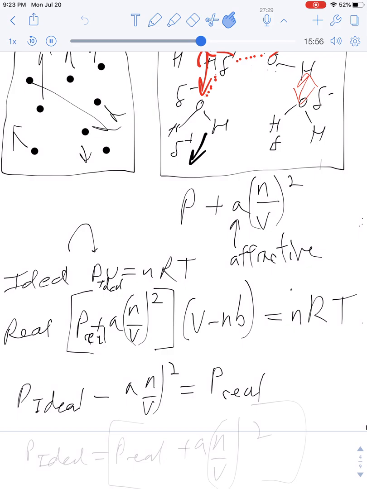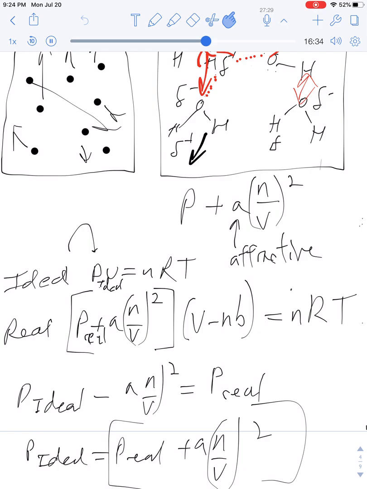So then if I were to do a little bit of math here, P ideal is equal to P real plus A over V squared. Okay, so that's why it's adding, not subtracting. They don't use the subscripts ideal and real, but that kind of helps explain why, for the real gas, you're putting a plus sign there.